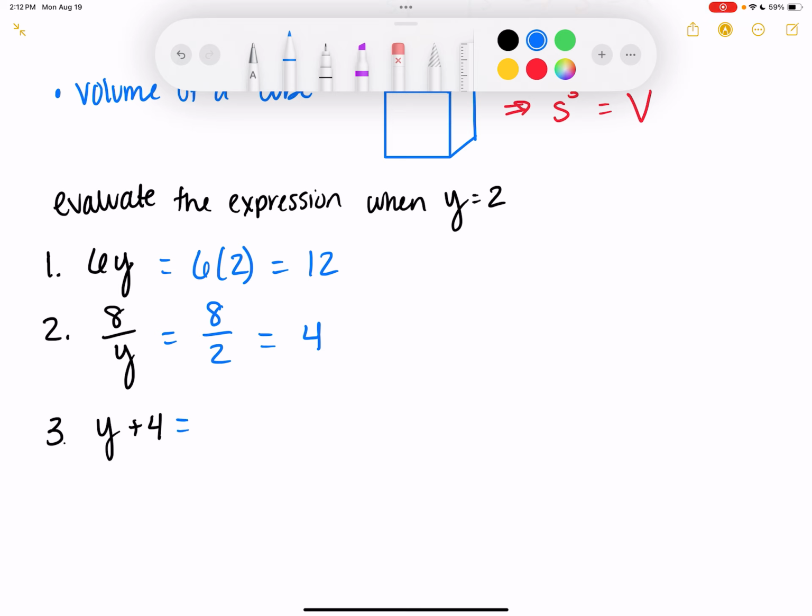So I'm plugging in 2 for y. So 2 plus 4 is 6. And if I had 11 minus y, that's going to give me 11 minus 2, which is 9.